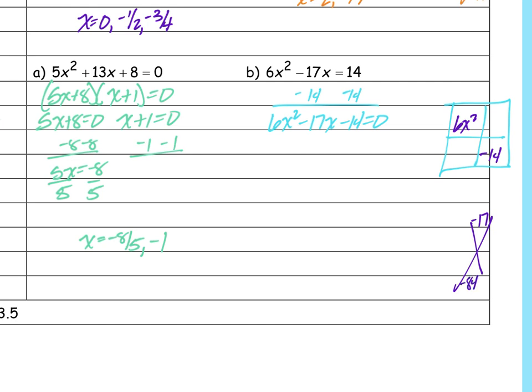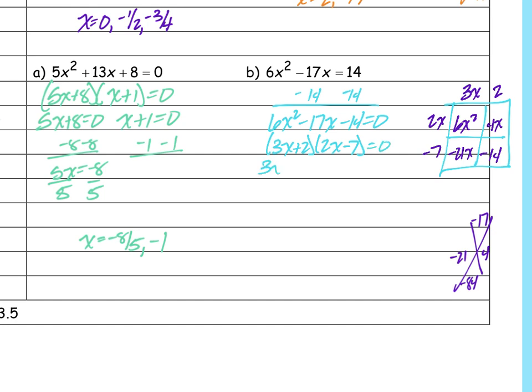And I'm pretty sure I got negative 21 and 4. So negative 21x and 4x. So let's see, this multiplies to be 3x and 2, and then 2x and minus 7. So this factors to 3x plus 2 times 2x minus 7, and that equals 0.